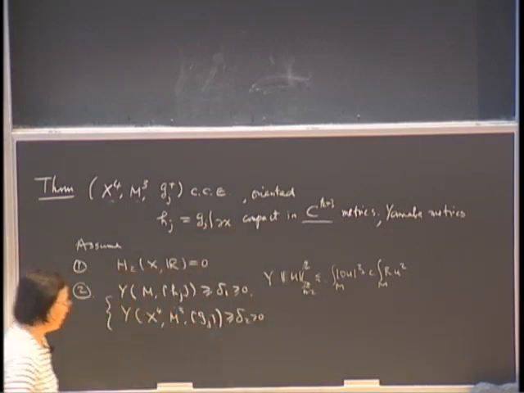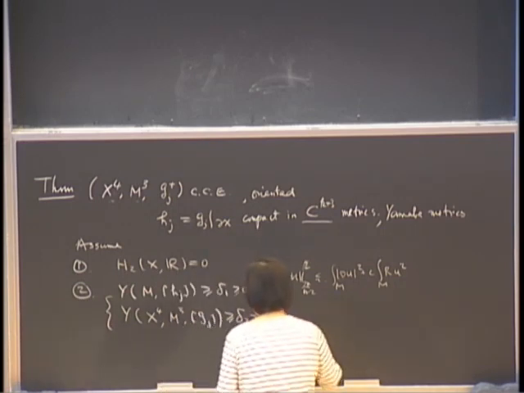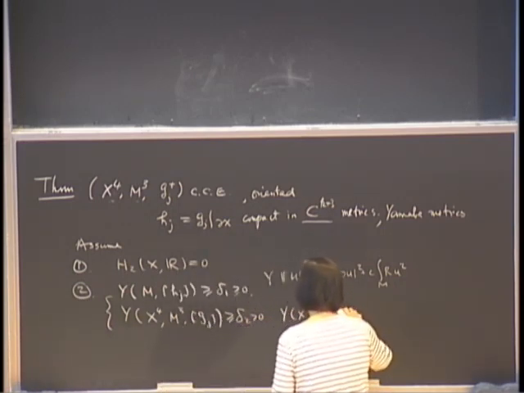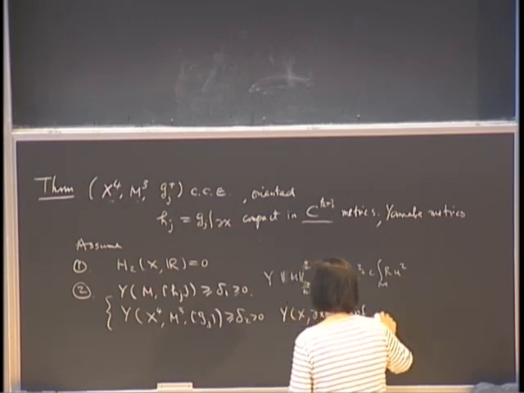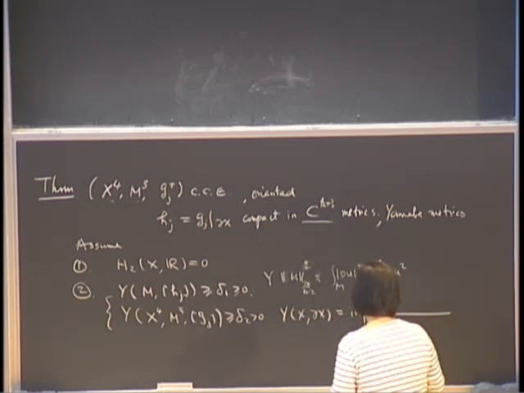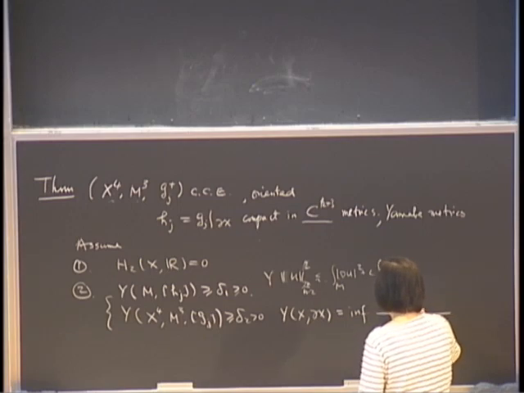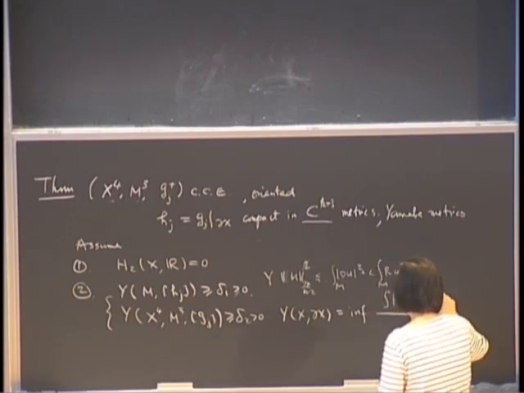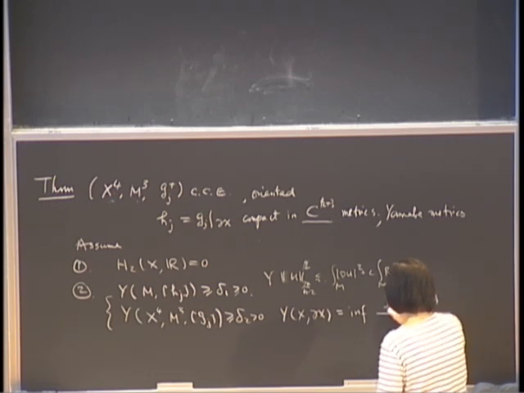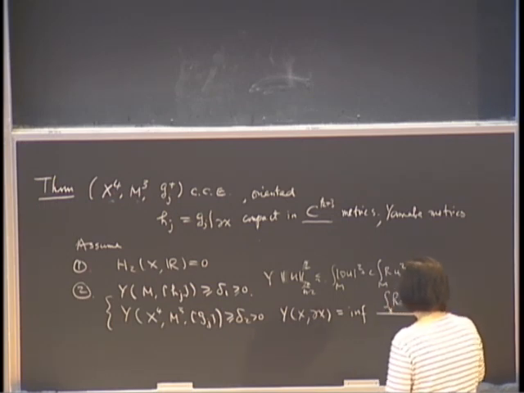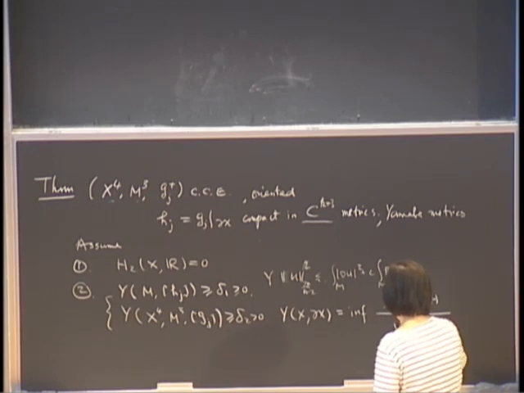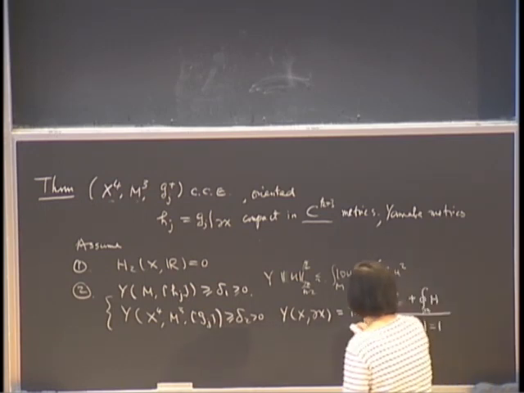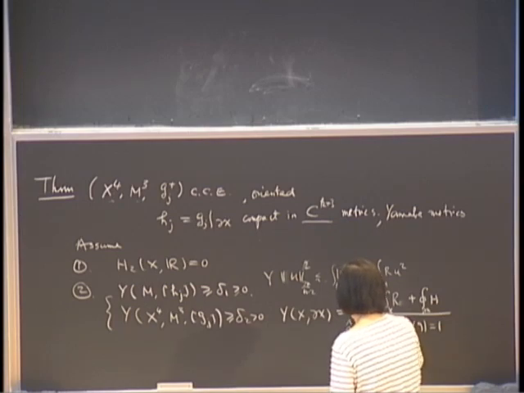By this Yamabe constant, usually written Y on X and the boundary, is defined to be the inf of, there are two ways of defining it. You still take the inf over the scalar curvature, but you also add the mean curvature on the boundary. And then you take the inf, say, with volume of the metric equal to 1, inf over G hat in the class of G.